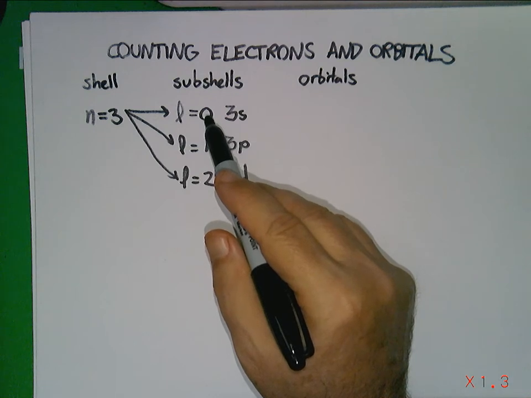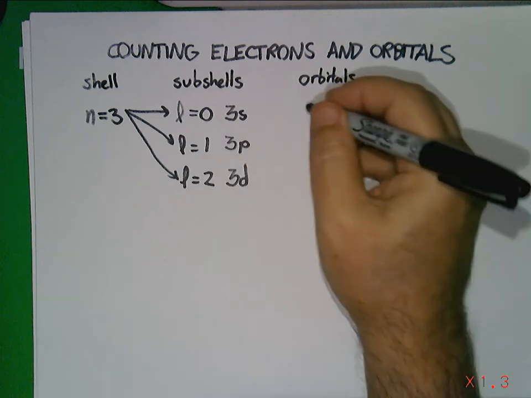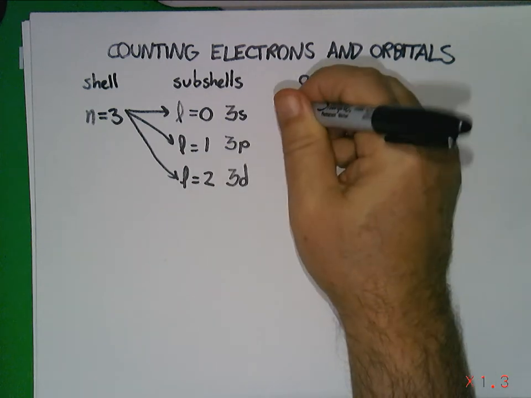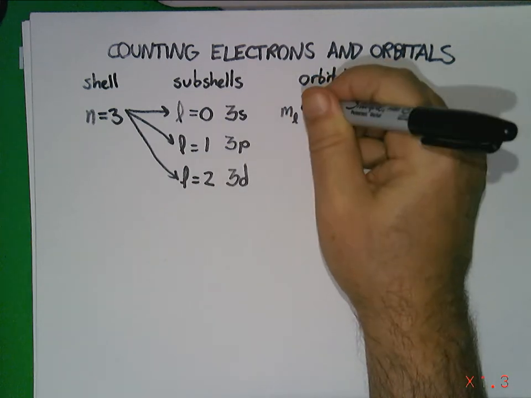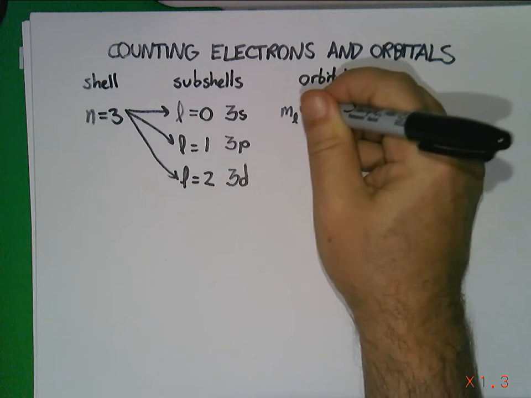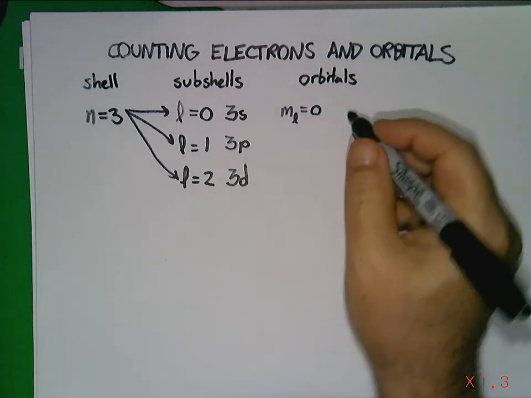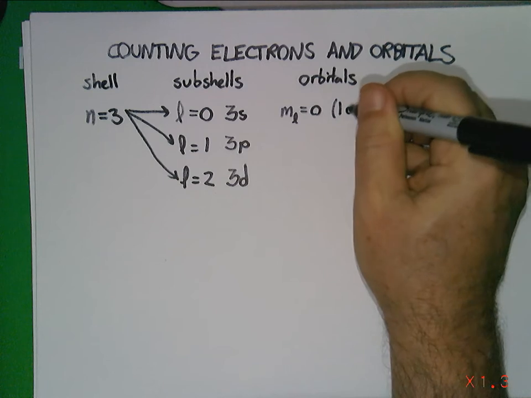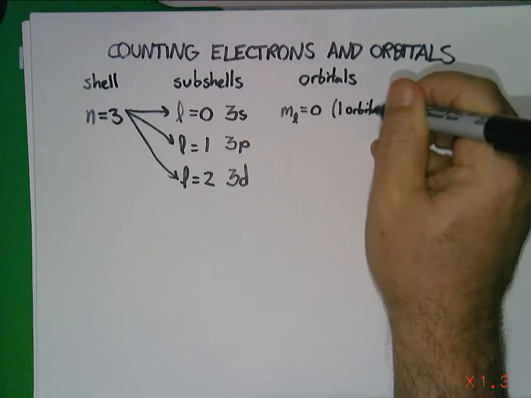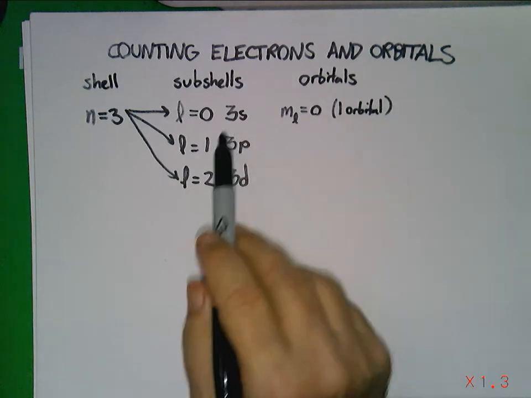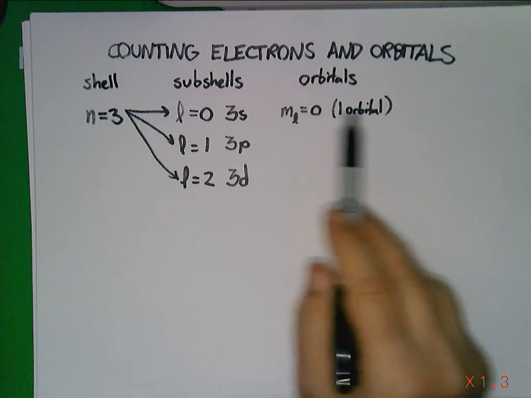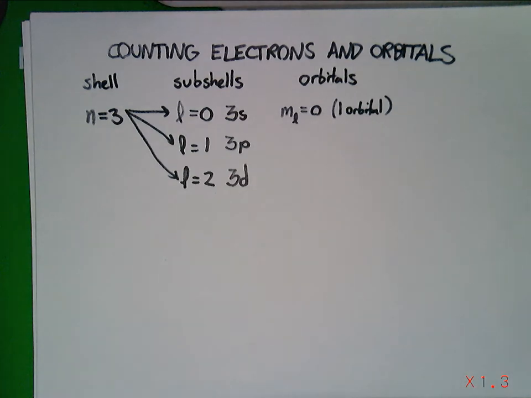So I can go from minus 0 to plus 0, which is just 0. So your m sub L value has to be just that. So there's only one orbital. So what I can say at this point is that in a 3s subshell, there's only one orbital.